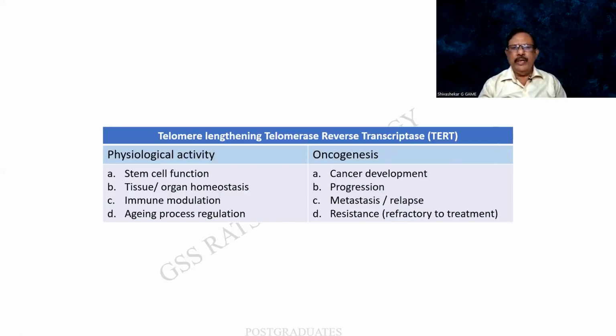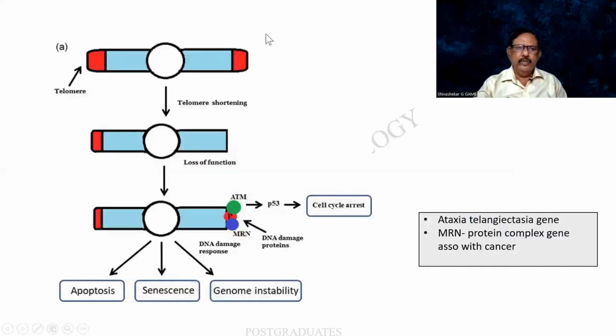This is again a beautiful tabular column, which I want you people to reproduce. So this again over here, there is a shortening, there is a loss of function, there can be an arrest of the cell cycle, and there is a death of a cell. Or sometimes there can be a programmed death such as apoptosis, senescence, genomic instability. And there is an expansion of the abbreviation for this.